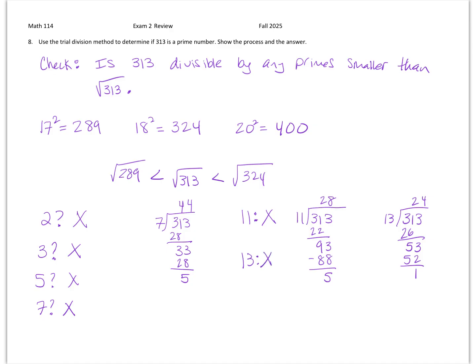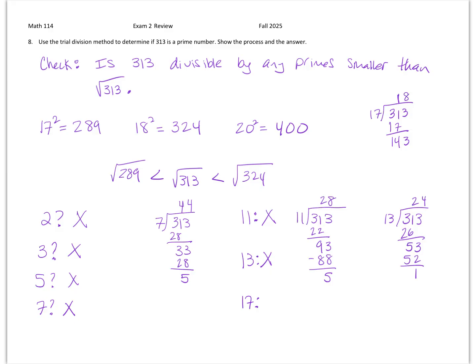Okay, and then the last one we need to check is 17. And so I'll do that up here, 313 divided by 17. 17 goes into 31 once. 1 times 17, 17. And when we subtract, we get 14. Bring down the 3. 17 goes into 143 8 times.